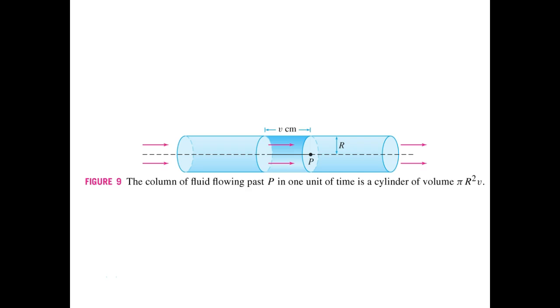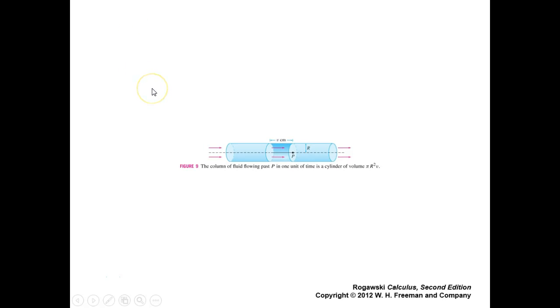Okay. Now, so flow rate, Q, and I'll write this down because I think this is pretty important. The flow rate Q, and this will be in volume per unit time.